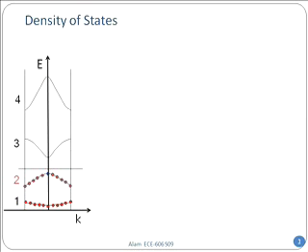Now you may remember that when you solve the Kronig-Penney model for a one-dimensional solid, we got a solution which stayed between pi over a and minus pi over a, the Brillouin zone, and then there were a series of bands. Now in each band, I pointed out at that time that if you have n number of atoms in that chain, then the total number of states in every band is n, without spin.